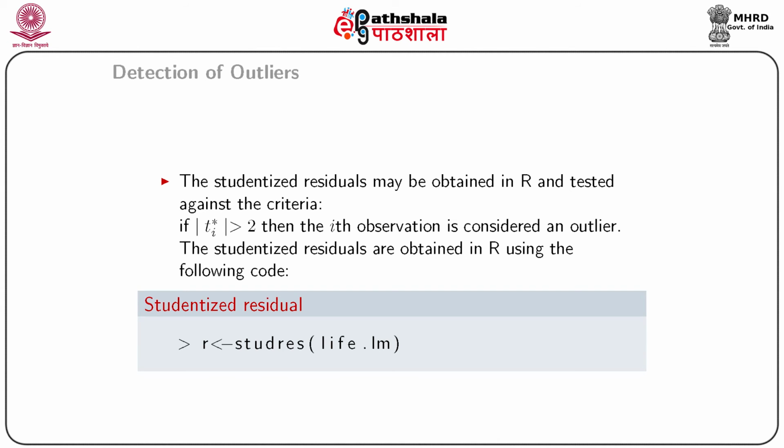In R, we can obtain the studentized residual using the following code. If we denote the studentized residuals by R, we can use the studres function to obtain the studentized residuals on the life.lm function that we have used to fit the regression model.